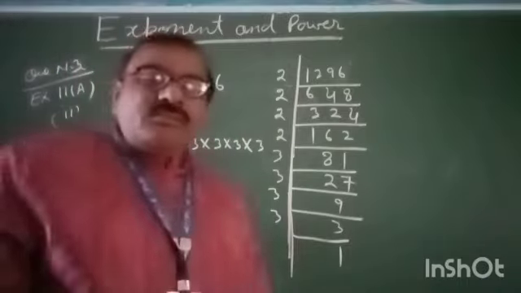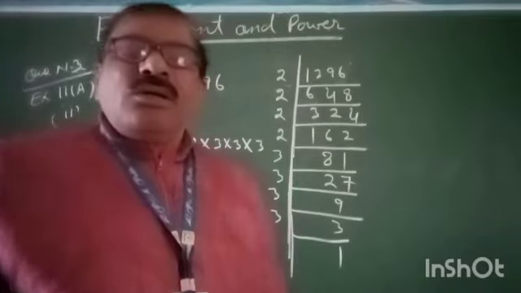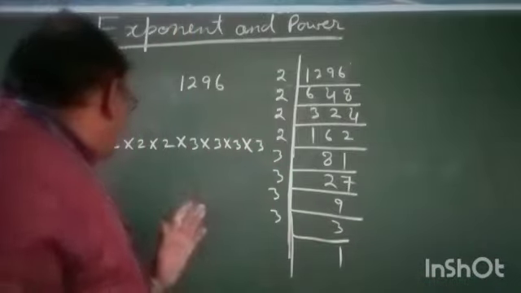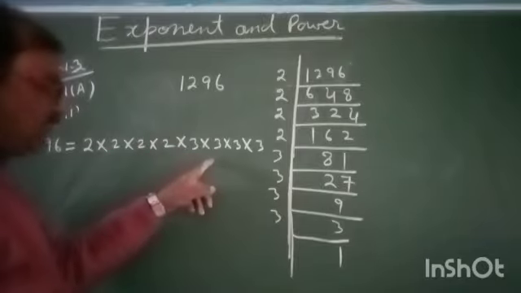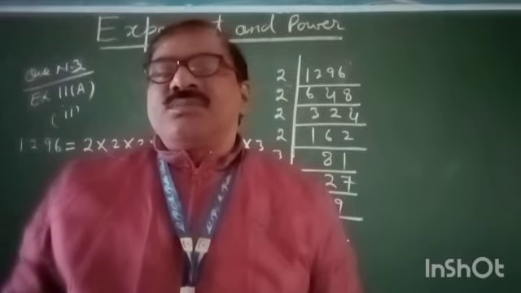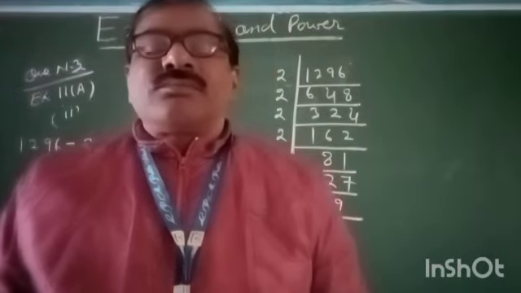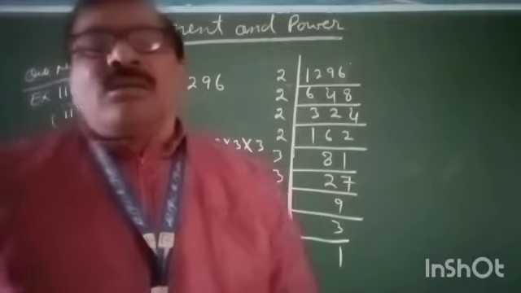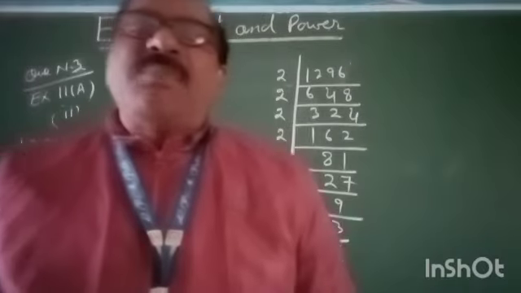So this is the exponential form of 1296, that is, 1296 equals 2 multiply 2 multiply 2 multiply 2 multiply 3 multiply 3 multiply 3 multiply 3. So dear students, I hope this is clear to you: what is exponent, what is the base, what is the power, and how to write any number in exponential form.